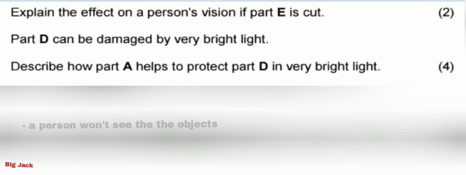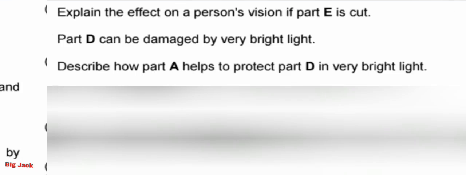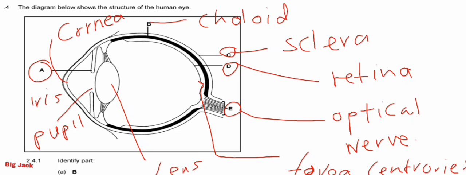Alright, the next question says part D can be damaged by very bright light. So part D is called what? The retina. The retina contains two sensitive cells. We have what we call the cones, and also the rods.